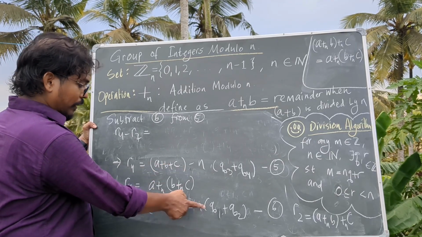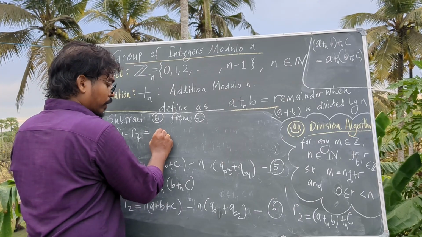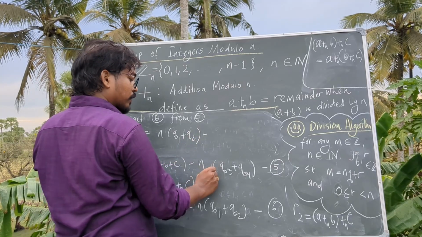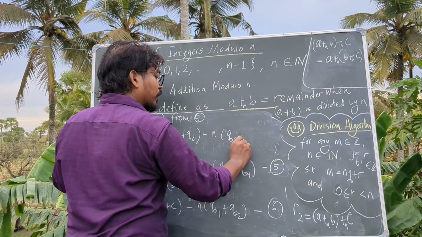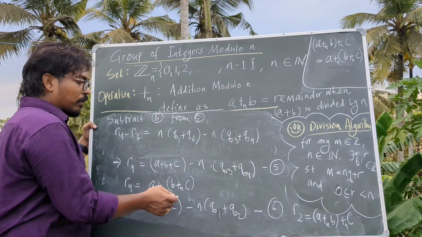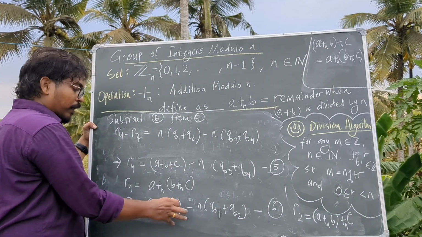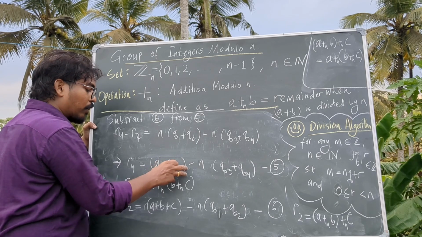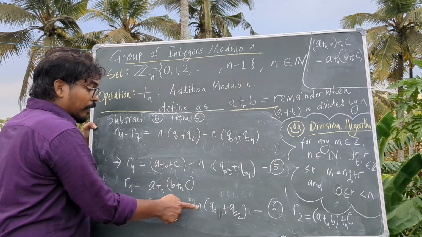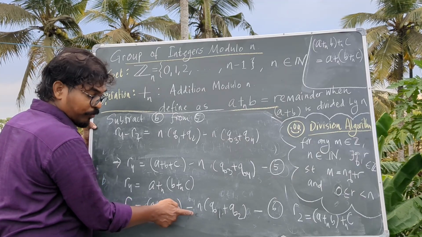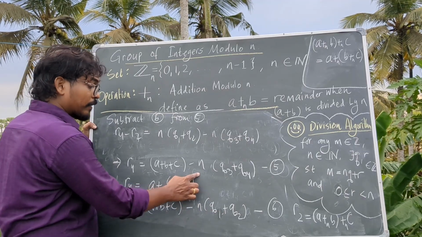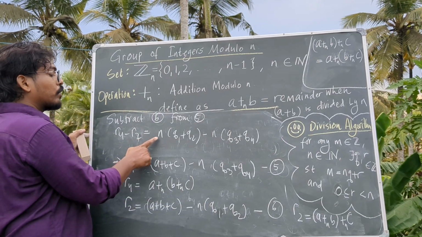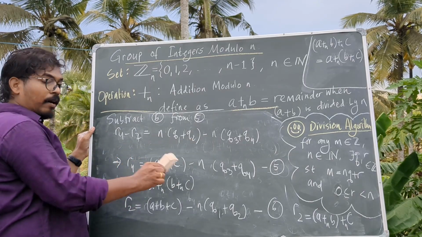This one is subtracted from this one, so we have N Q1 plus Q2 minus N Q3 plus Q4. So we have R4 minus R2 is this one. And now let me erase.